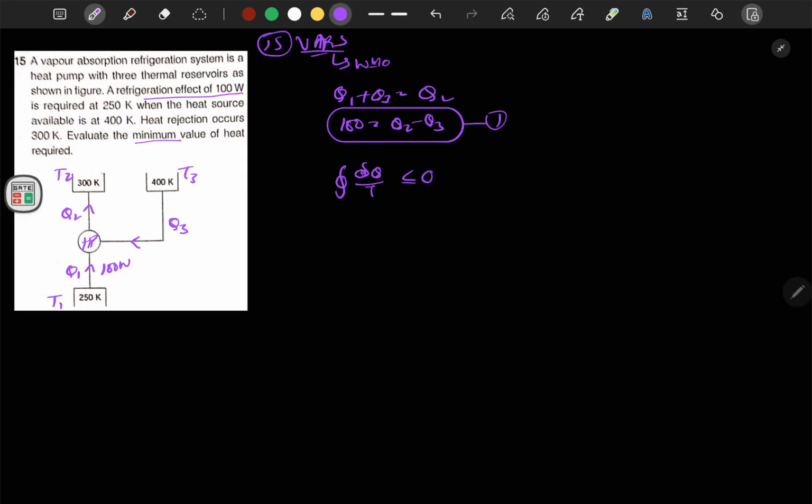So we can say that del Q by T here is Q2 by 300 minus Q3 by 400 minus 100 by 250, which is less than or equal to 0. That gives the minimum value of heat required.